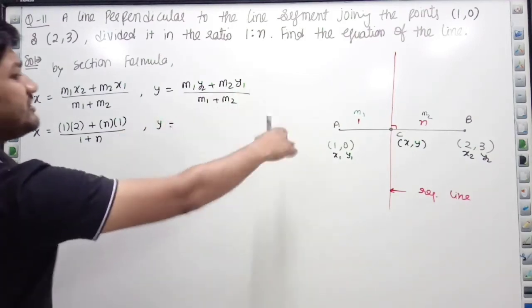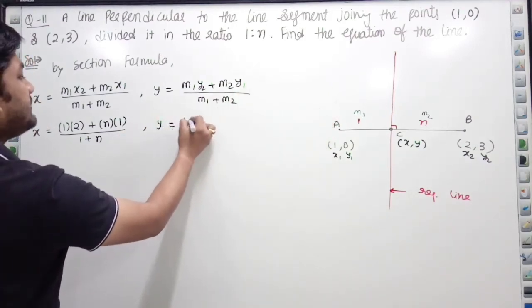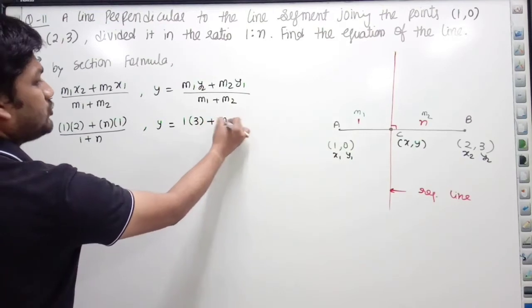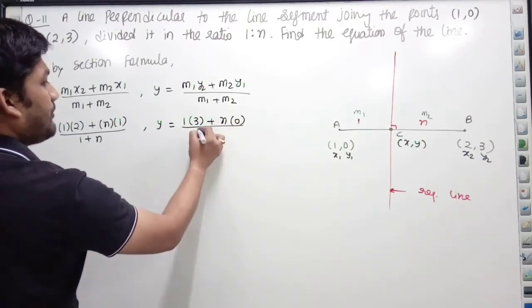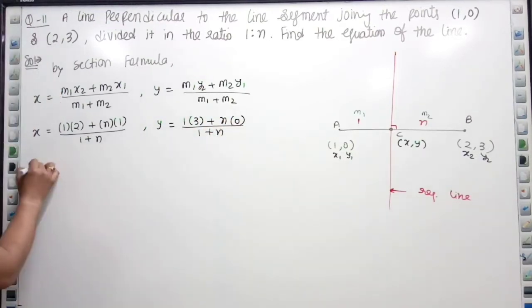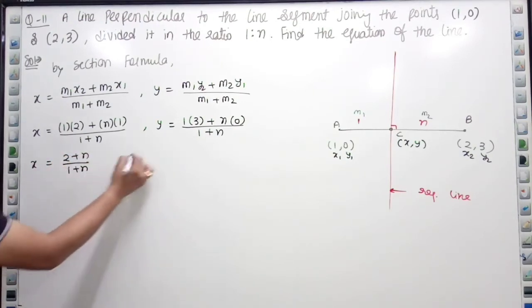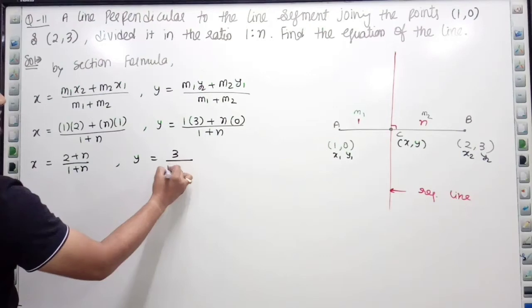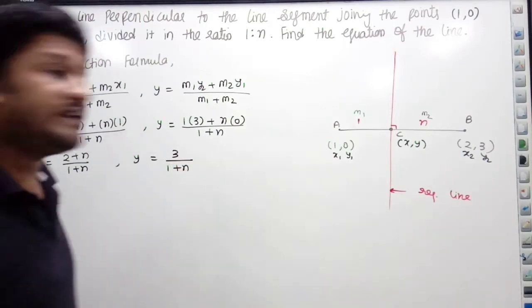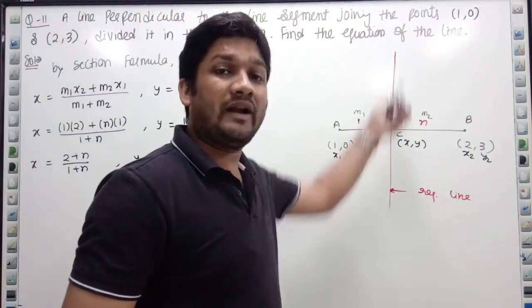Y equals m1 y2, that means 1 into 3, plus m2 y1, n into 0, upon 1 plus n. So we have x as (2 plus n) upon (1 plus n) and y as 3 upon (1 plus n). So we have found a point on the required line.